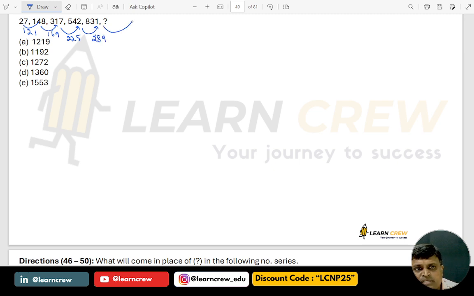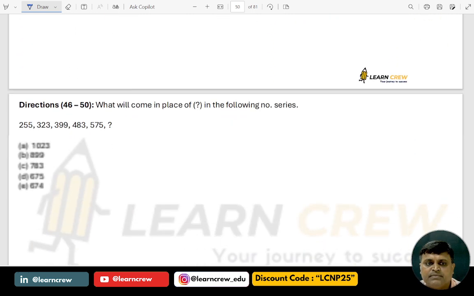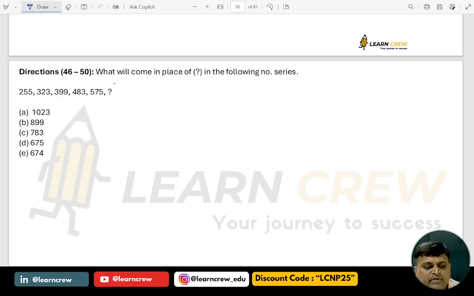So what are all these? 11 square, 13 square, 15 square, 17 square. The next difference is 19 square, 361. So the answer is 831 plus 361, which is 1192. 1192 is the answer.